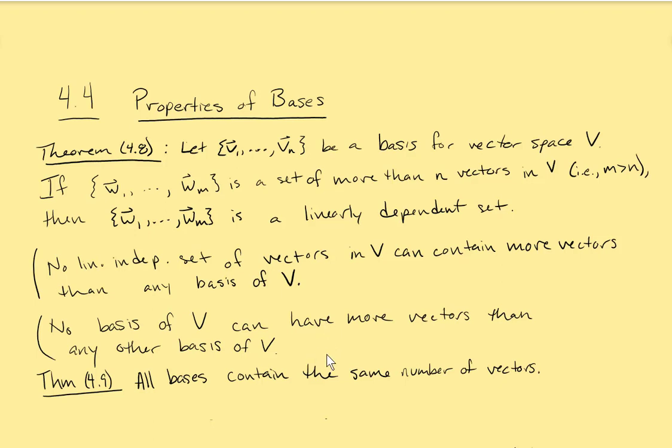This is very nice. It gives us almost immediately Theorem 4.9 from your textbook, which just says that all bases of a given vector space contain the same number of vectors. This is almost, I don't want to say trivial, but almost trivial to prove from the facts we've established.